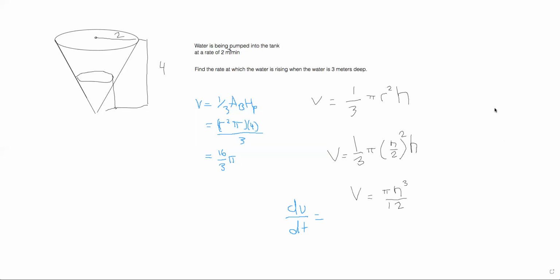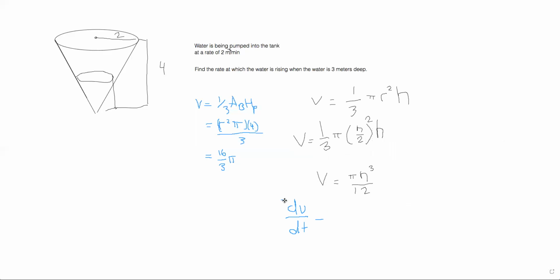Cool. All right. So we have volume in terms of just height now. So now we want to take the derivative of both sides. So we have dV over dt is equal to... this is interesting.